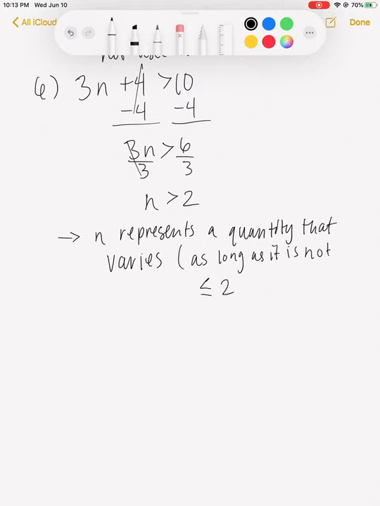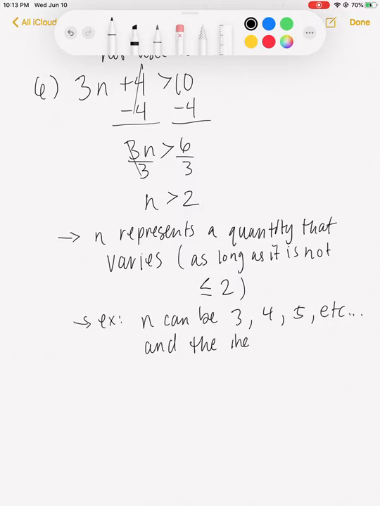It has to be bigger than that. Okay. For example, n can be 3, 4, 5, etc. And the inequality is still true.